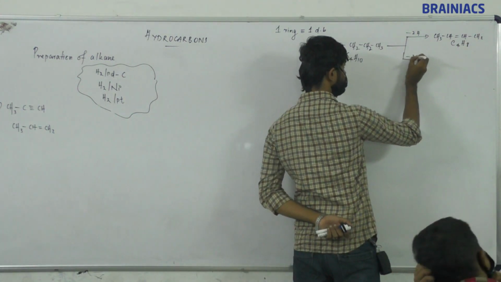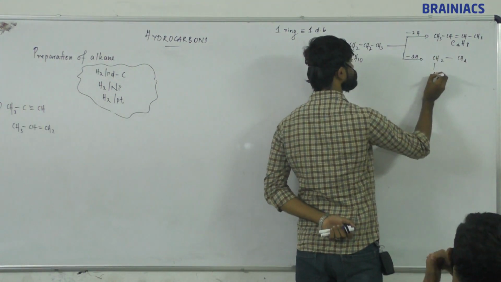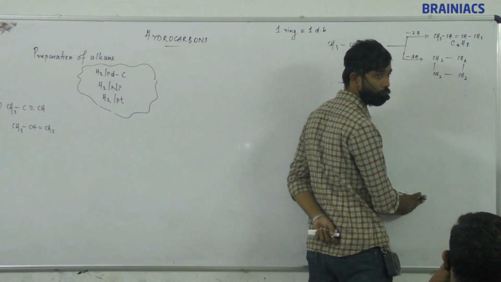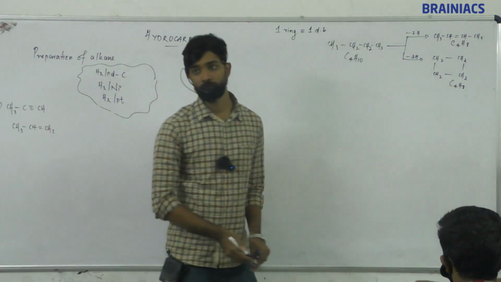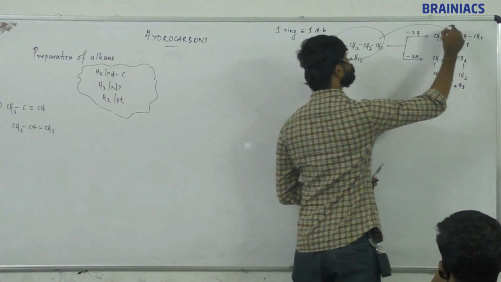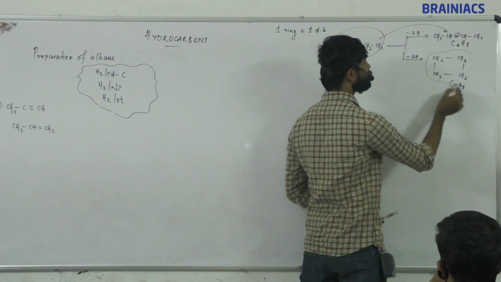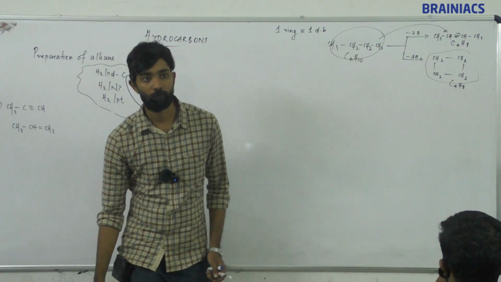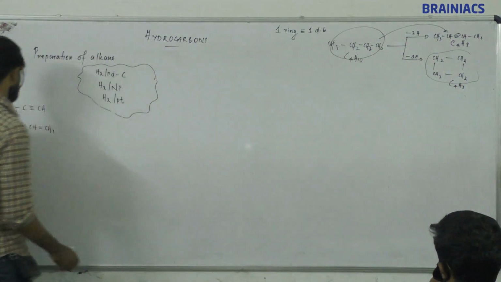By removing two hydrogens, I can also make this cyclobutane. So what is the formula? C4H8. So from a particular compound, if I introduce an unsaturation, a double bond, or if I make it a ring, both are equivalent. One double bond is equivalent to one ring.